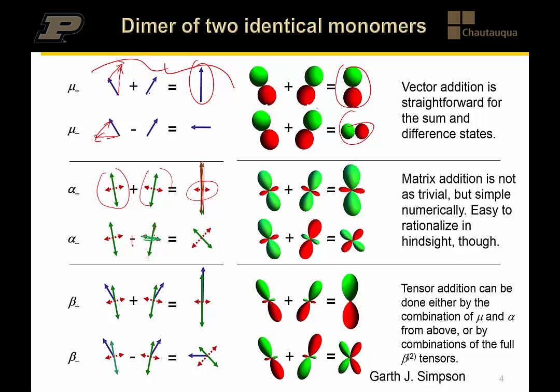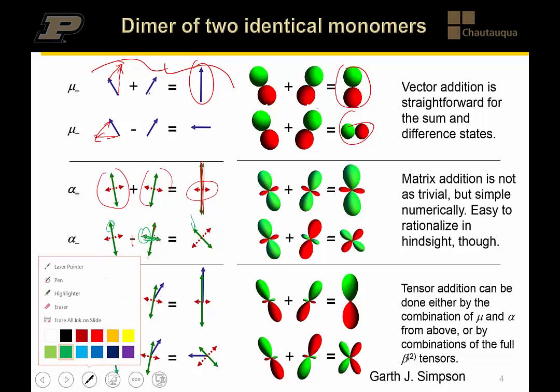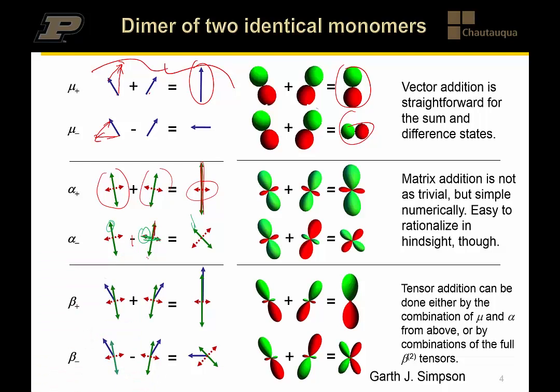The one place where they won't cancel is I'll have a little bit of green here added to a little bit of green there, and that gives us this double-sided arrow at negative 45 degrees. I'll have a similar argument, in fact a mirror image, operating on the other side where we've got red now for the double-sided arrow adding to the red on this right side, and that gives us the red component at plus 45 degrees. And so that's the Statutory representation for the difference state.